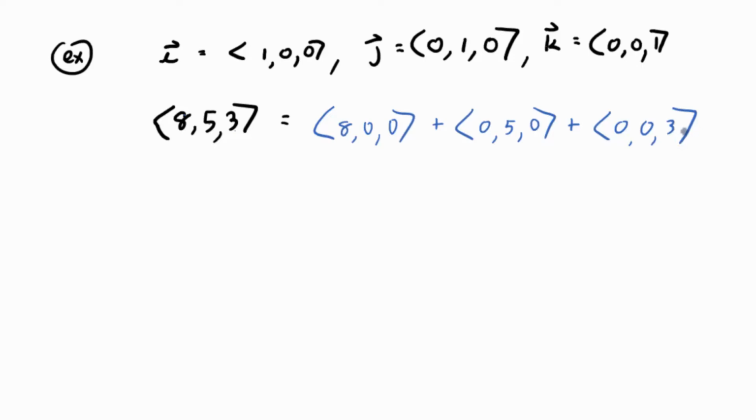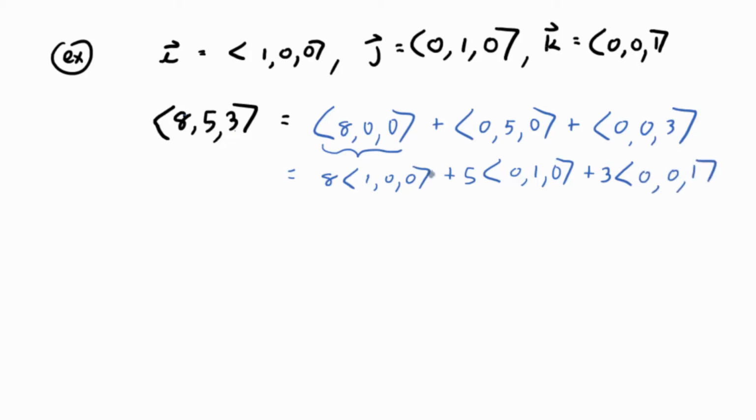And that's kind of undoing addition. Using scalar multiplication, I could rewrite this. The first one is 8 times 1, 0, 0, which is i. The second one is 5 times j, 0, 1, 0. And then 3 times k, which is 0, 0, 1.